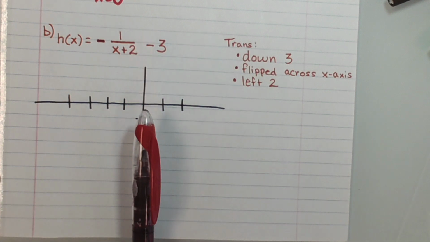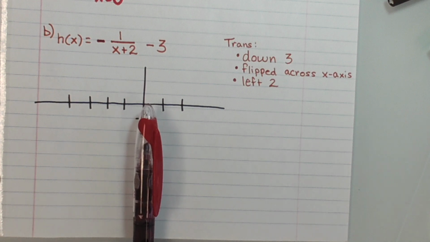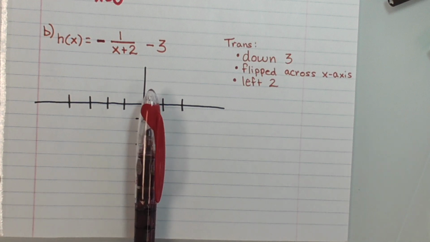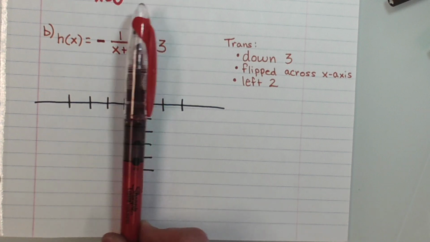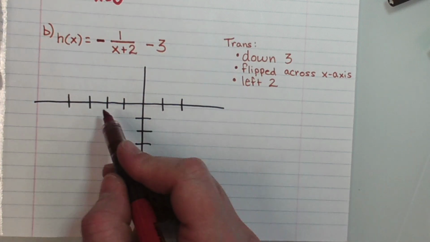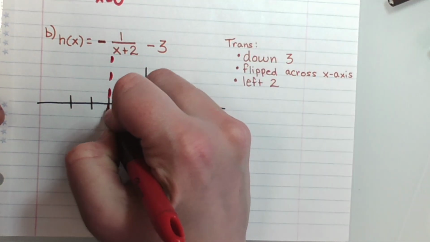When I have a vertical asymptote, which direction will I notice it moving, Gracelyn? Vertical lines you'll notice moving up? No. Left and right. So I'm going to move left 2 with the vertical asymptote.